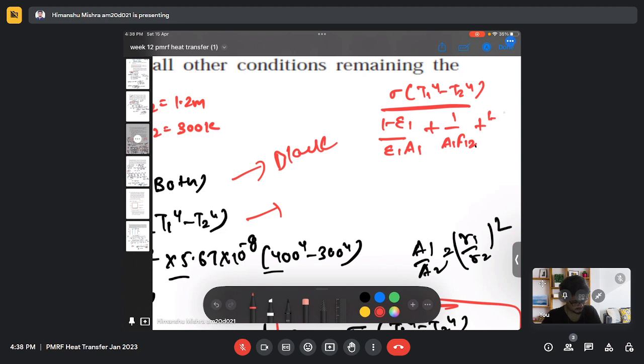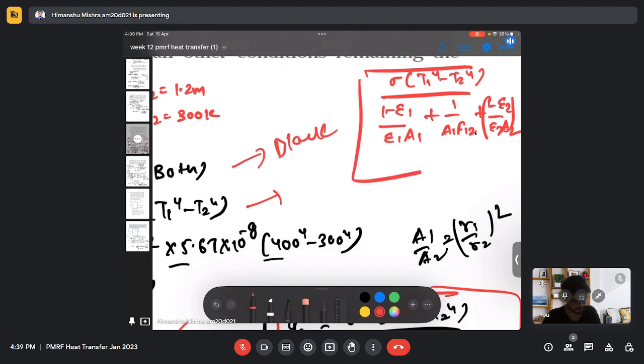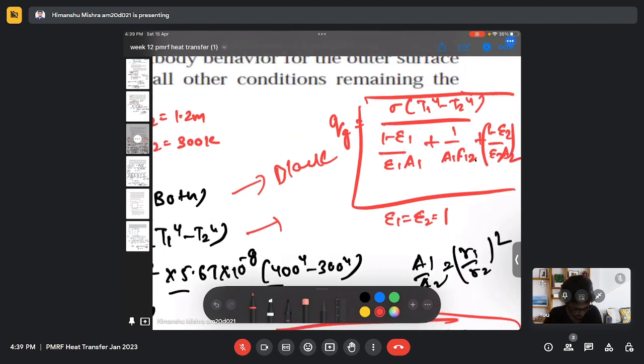So this is the heat transfer for the gray surface, the general heat transfer expression for a gray surface that we use in many questions. Try putting epsilon 1 and epsilon 2 equal to 1 here, and you will get sigma (T1 to the power 4 minus T2 to the power 4).